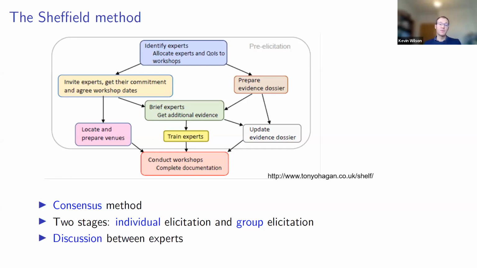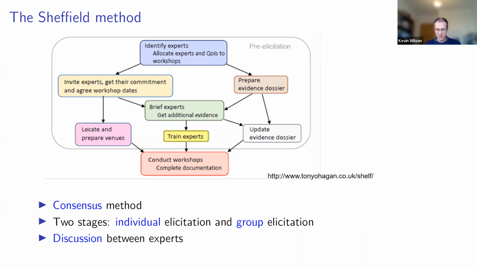In between those two stages, there's discussion between the experts. So we reveal all of the judgments given by the experts in the individual elicitation, and they discuss differences. They talk about the evidence they use. They talk about their rationales and their scientific model that's working in their head, before hopefully coming to some sort of group consensus, and hopefully that corrects errors.